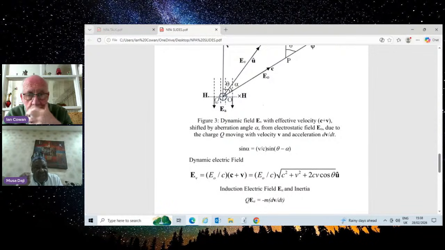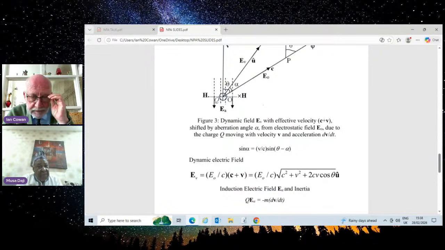This increase in electric field accounts for the kinetic energy of the moving charged particle. The mass remains constant. It is the electric field which increases. And if you take the energy of the electric field, the increase of energy of the electric field is equal to the kinetic energy of the particle.